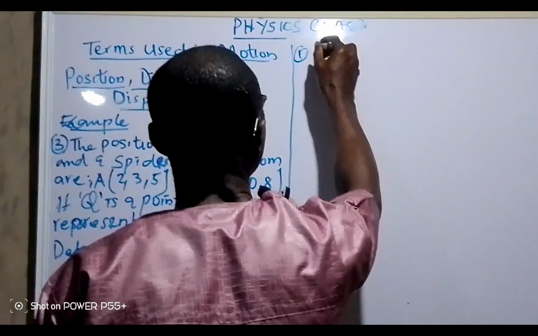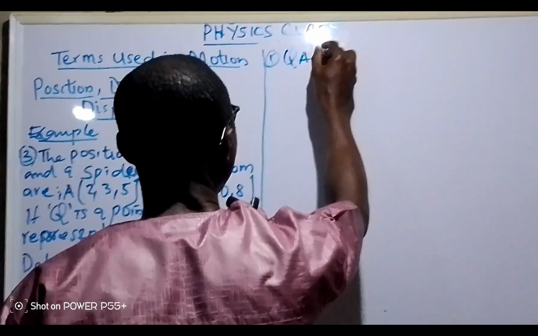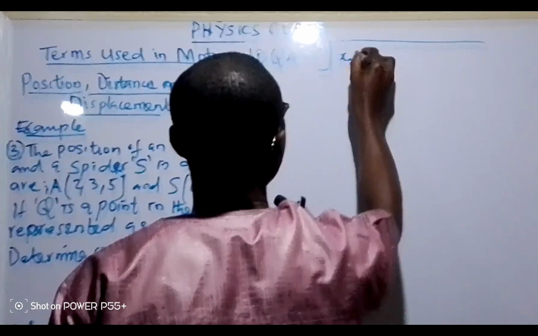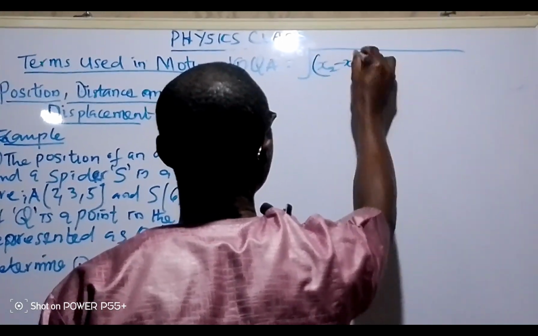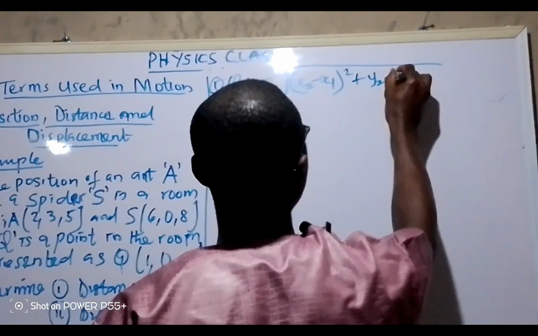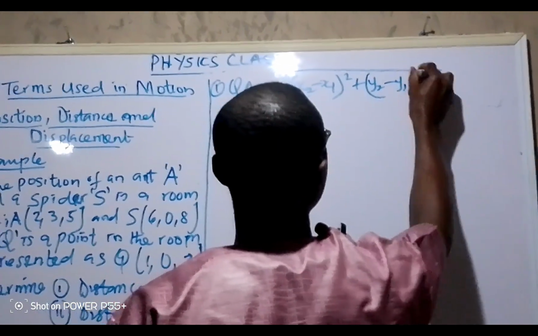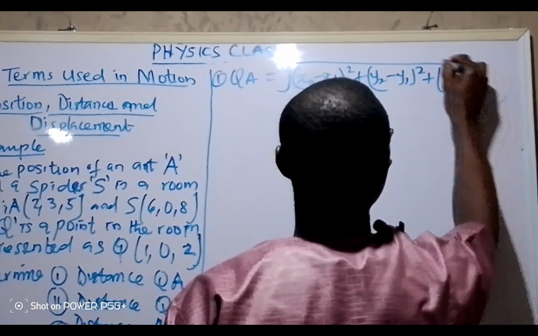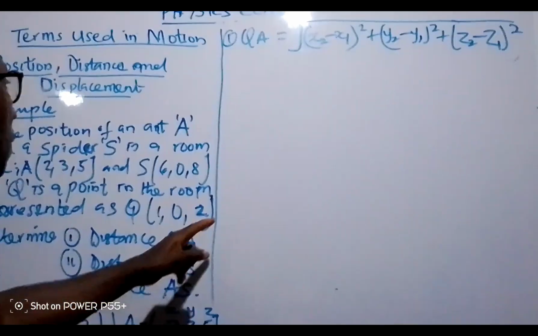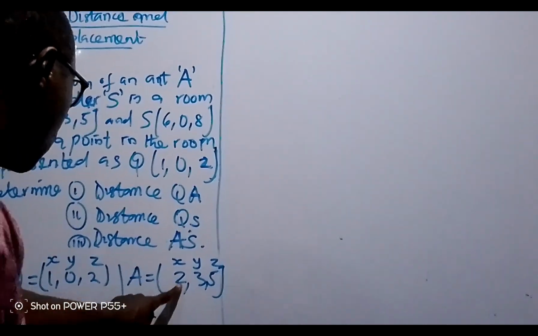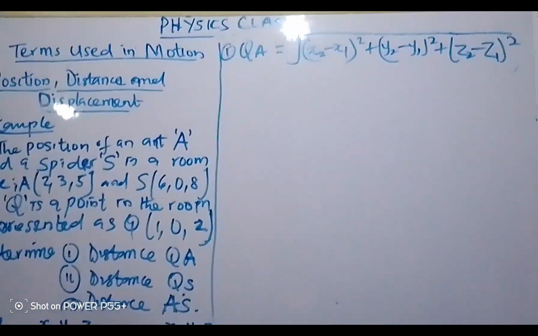Then let's use our formula. That is the square root of (x2 minus x1) square plus (y2 minus y1) square plus (z2 minus z1) all into square. According to the equation, we want to calculate for the point Q and the ant. For x2, which is for the ant, that is 2.